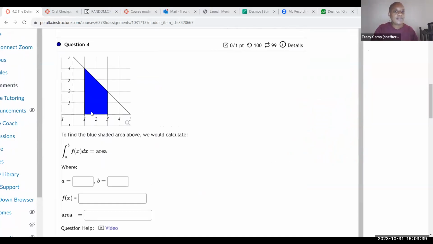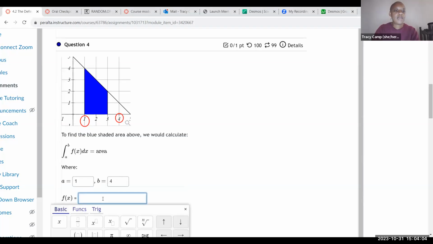For the shaded region here, your A is 1. A is always where you start. And then your B is 4. B is where you end. So for this problem, my A would be 1, my B would be 4.